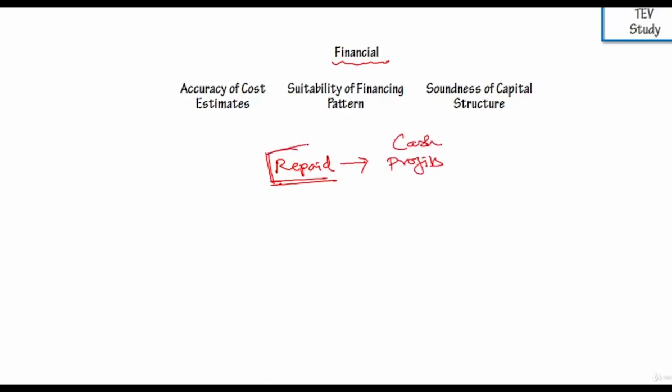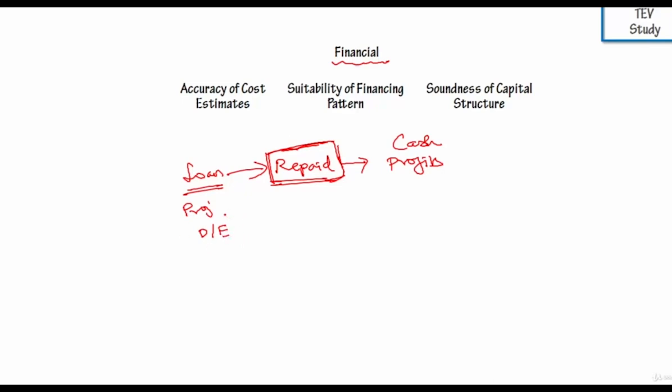So if you want to ensure that the loan is repaid, you should give the correct amount of loan, and that depends upon the project's debt equity ratio, because banks will not go beyond a particular level of debt equity ratio.